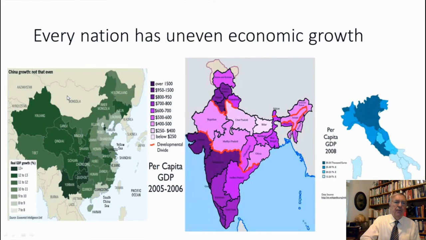and just different examples of that is a map that was used to show how, in this case, it's not income but income growth, showing that China's gross domestic product varies greatly around the country. In this case, twice as much. Some areas were growing by 13%, some areas were growing by 7%. Here's an example in India, and this legend here with the colors applies to the Indian map, where you have per capita gross domestic product.